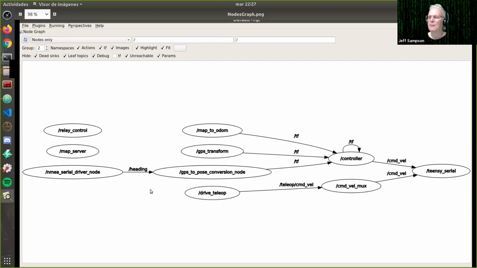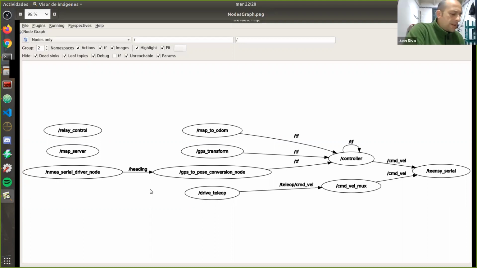Instead of that controller talking to TNC serial, it should go into the command velocity mux down below. The command velocity mux switches one input or the other. So where it says slash controller, that should be feeding into command velocity mux, not directly into TNC serial.